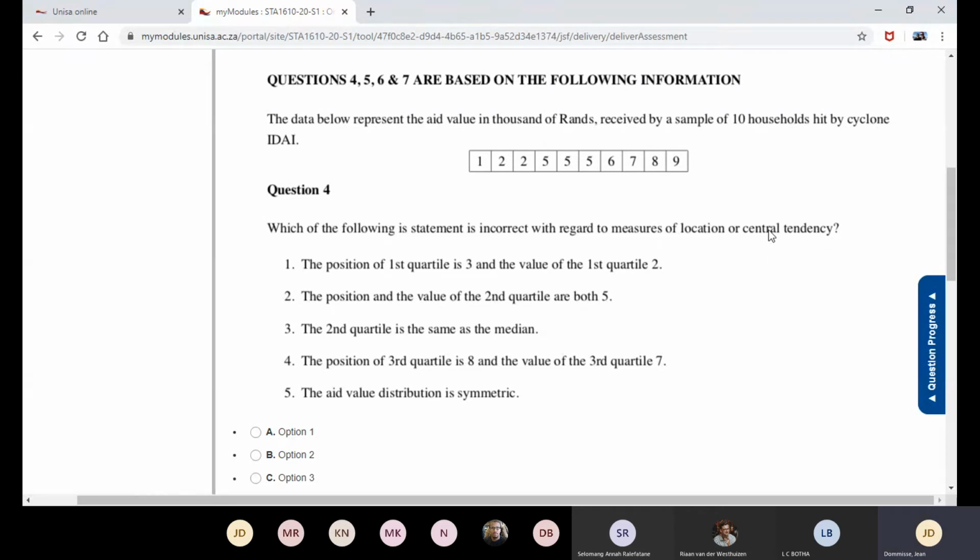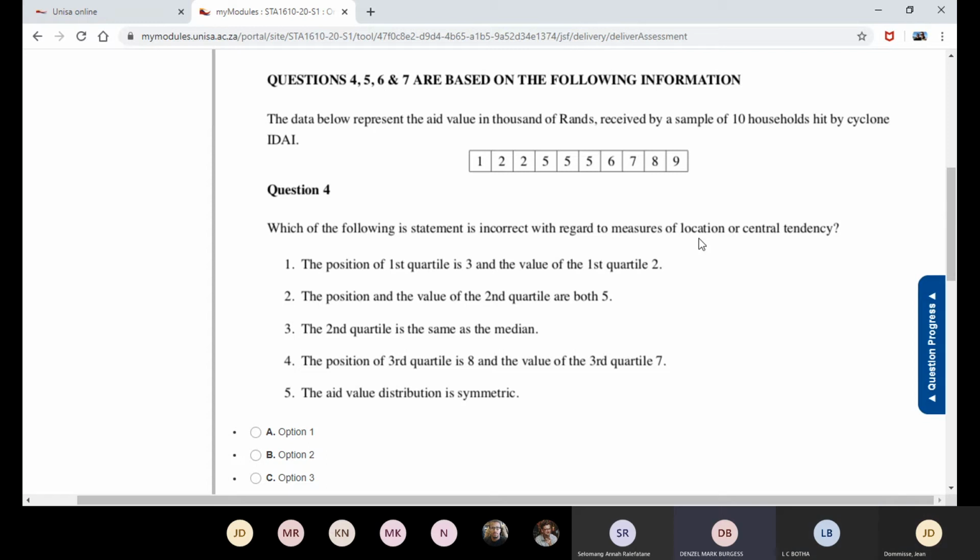And are measures of central tendency then standard deviation and the other ones as well, or is that the same? I'm again looking at where my notes are. In your study guide, is it basically the same thing? Measures of location and central tendency, is that the same thing? Well, this one speaks of your quartiles.